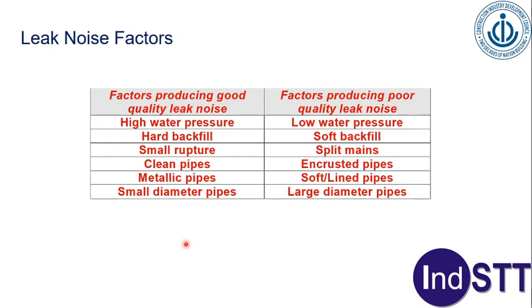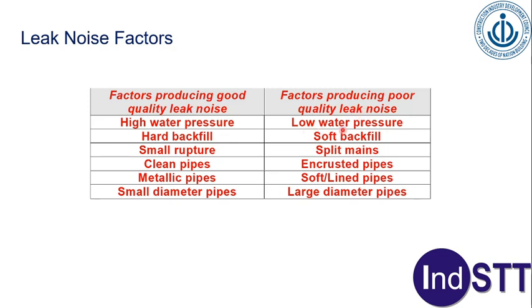Now, leak noise factors. The factors which produce good quality leak noise are high water pressure, hard backfill, small rupture, clean pipes, metallic pipes, and small diameter pipes. If these conditions are met, you will have a very good quality leak noise.